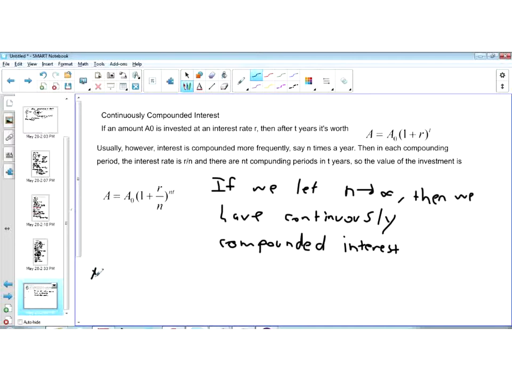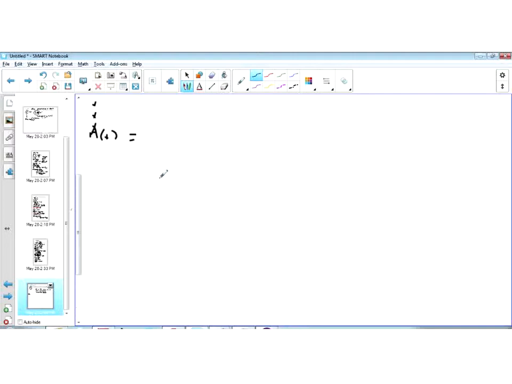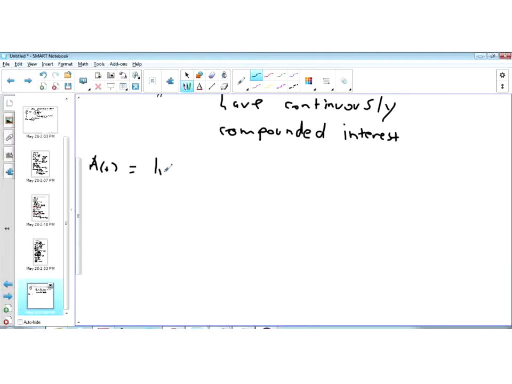We have A of t, the amount in the account at any given time t, would equal the limit as n approaches infinity of the initial amount times 1 plus r over n to the nt.